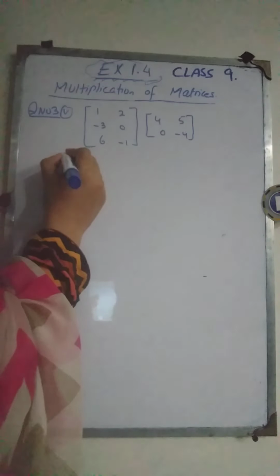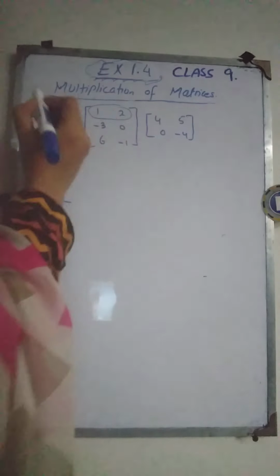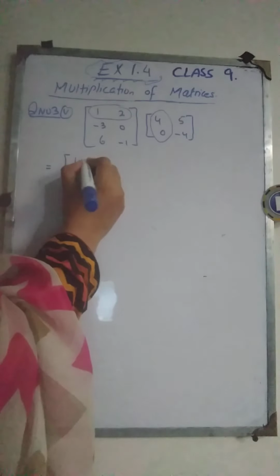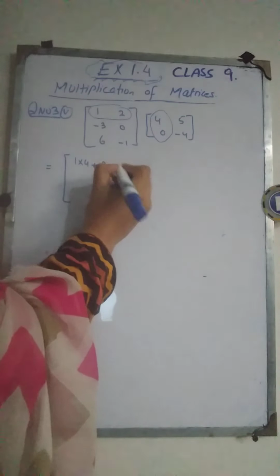For this, we will first take the first row and multiply it with each and every column. First row and first column: 1 will be multiplied with 4. 1 into 4 plus 2 into 0. This is the multiplication of the first row with the first column.